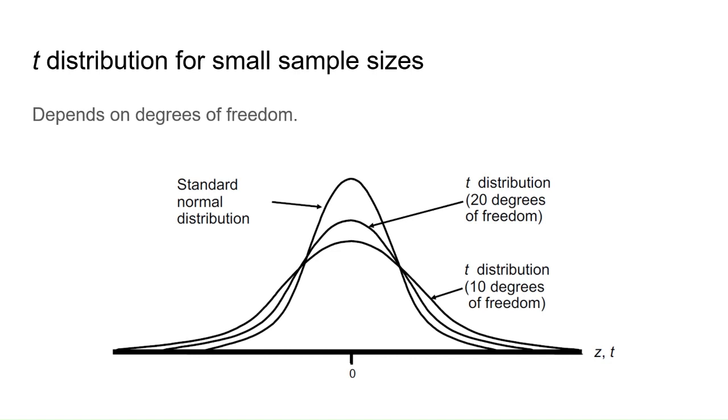As the degrees of freedom increase, the t-distribution will look closer to a normal distribution. As you can see, here we have a curve with 10 degrees of freedom and with 20 degrees of freedom. As we add more and more degrees of freedom, it will start to resemble the normal distribution, which is the top line.